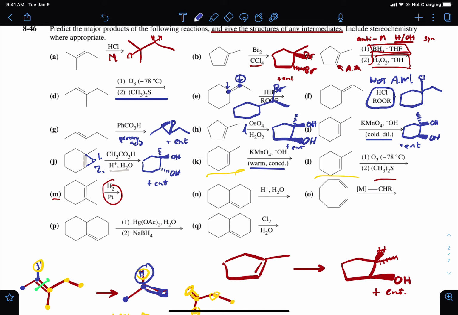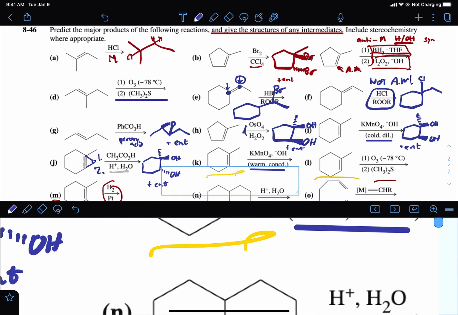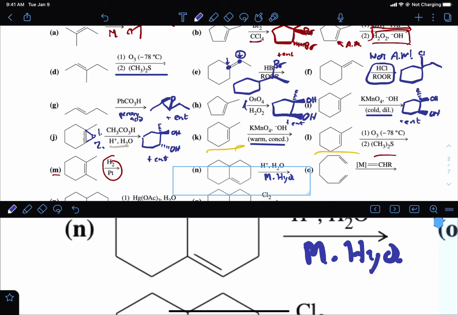All right, a few more. H2O, H plus, that's Markovnikov hydration. We did that, so the Markovnikov position for the OH is there. And the H goes on the carbon with the most H's. Okay, so the double bond is gone.